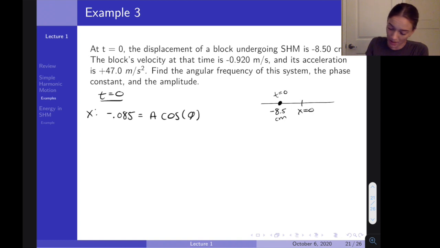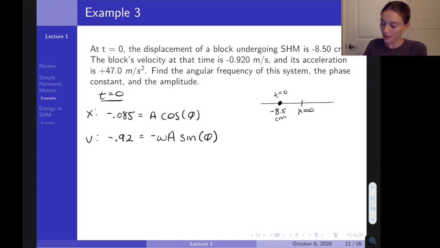Now let's look at the velocity. The velocity we have is negative 0.92, and that's equal to negative omega times the amplitude times sine, and again omega t is 0, so we just have phi there.